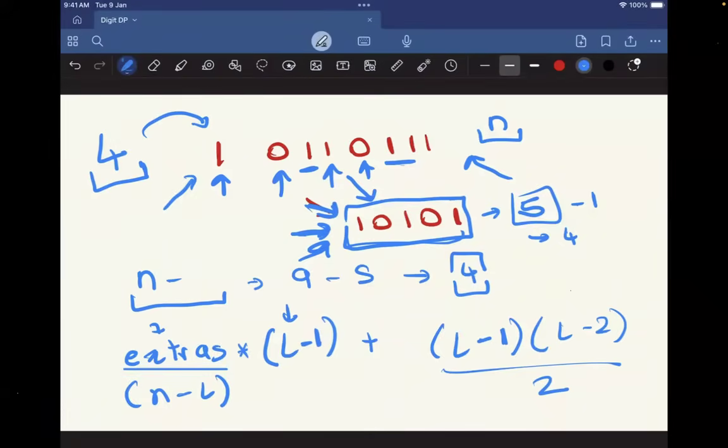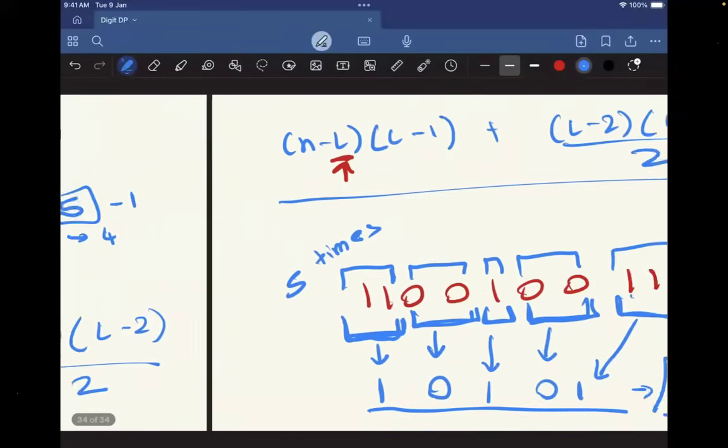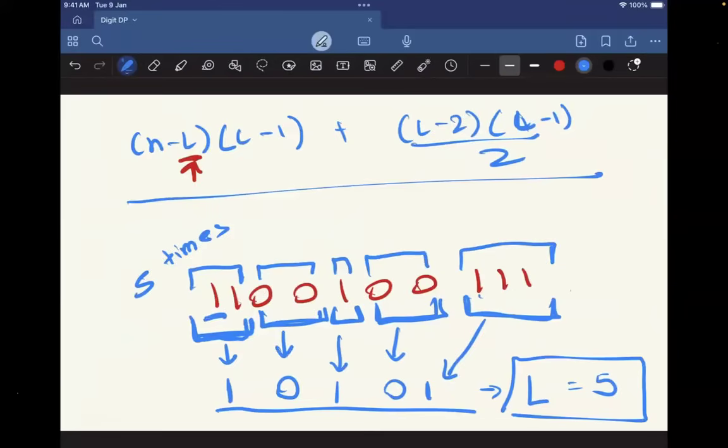4 extras. This is the formula for extras. Like how many elements are there such that I can remove them and my k does not change. Consider if I remove this particular one, the number of valid indices did not change, right? Yes, sir. So that is basically n minus L, where L is the length of this string.